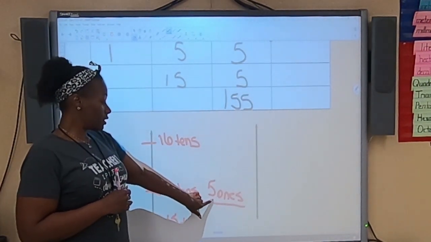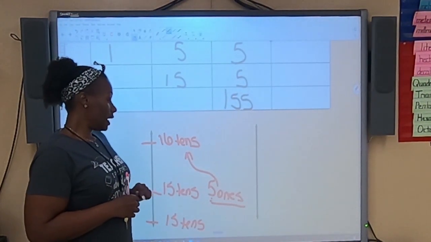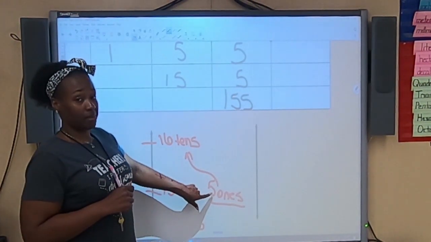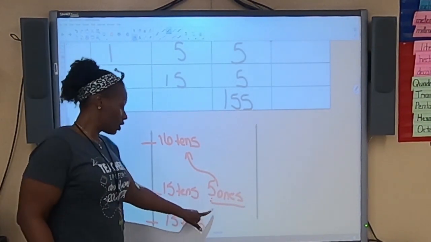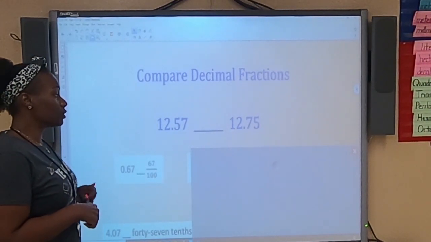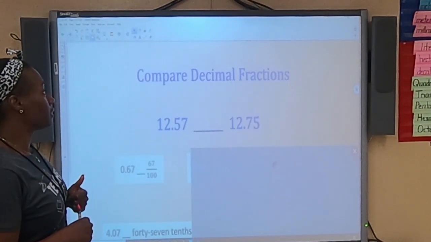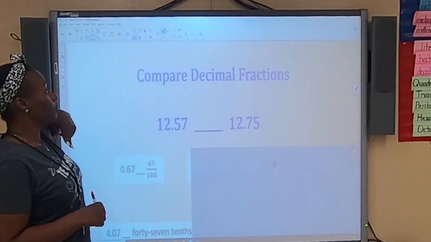So anytime this number is 5 or greater, you're going to round it up. Anytime this number is less than the midpoint of 5, which means 4, 3, 2, 1, 0, you're going to take it down. Okay, so 5 or greater, take it up. Less than 5, take it down. Well, in this case, it's 5, which means I'm going to take it up.